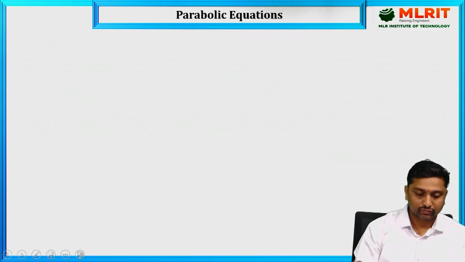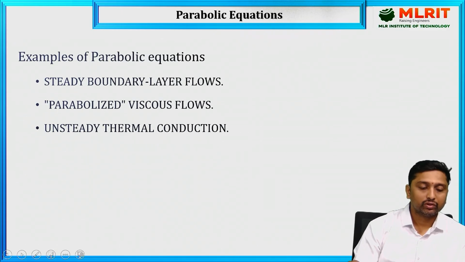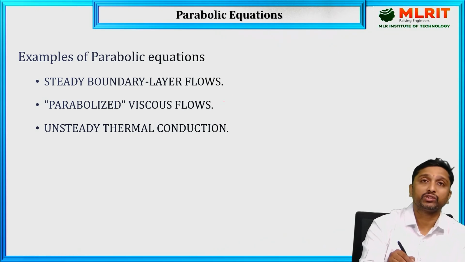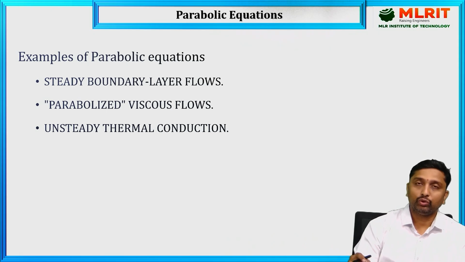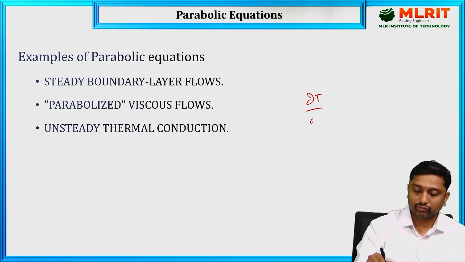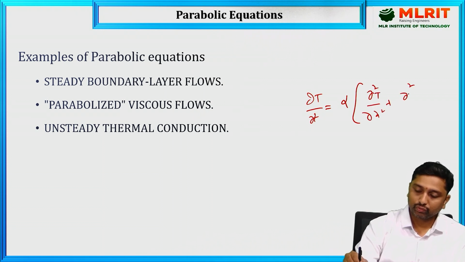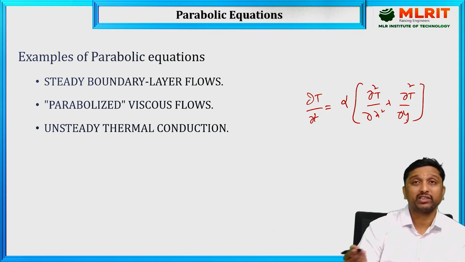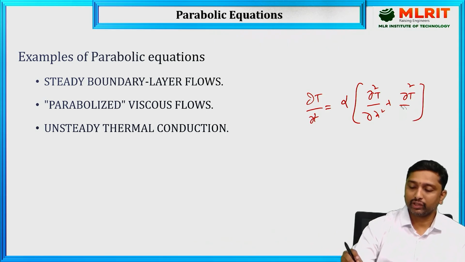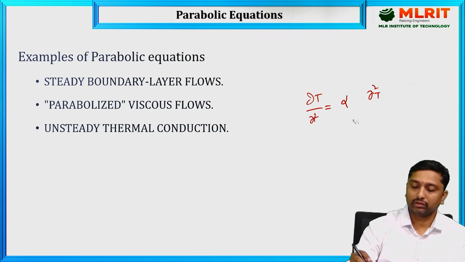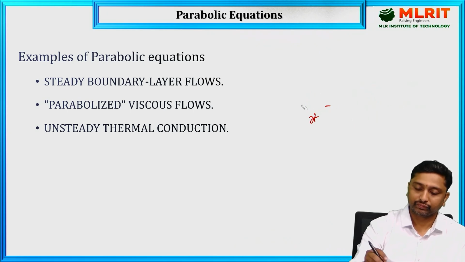Steady boundary layer flows are the best example. Parabolized viscous flows and the unsteady thermal conduction equation, that is, dou T by dou t equals alpha into dou square T by dou x square plus dou square T by dou y square, are the best examples of parabolic equations which we come across in various stages of this course again.